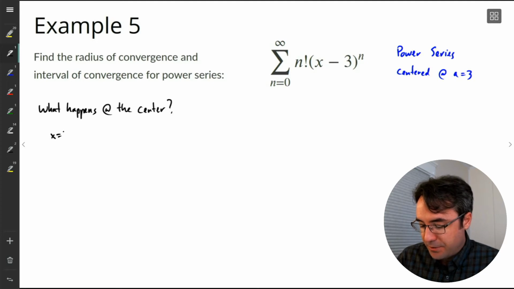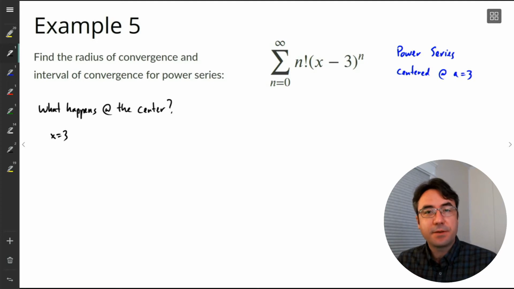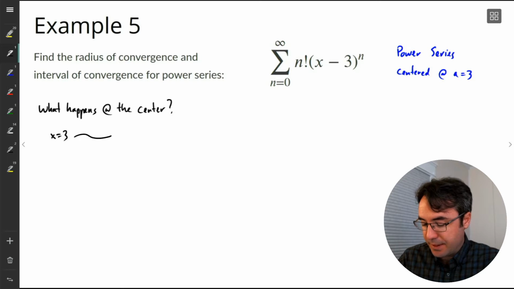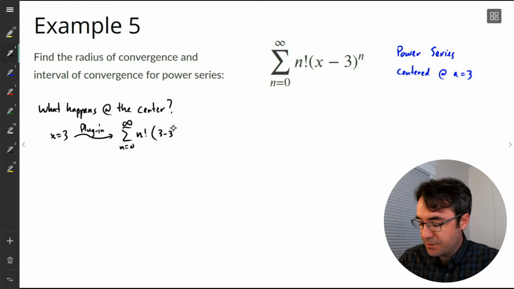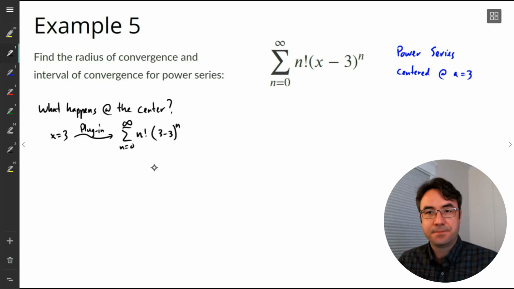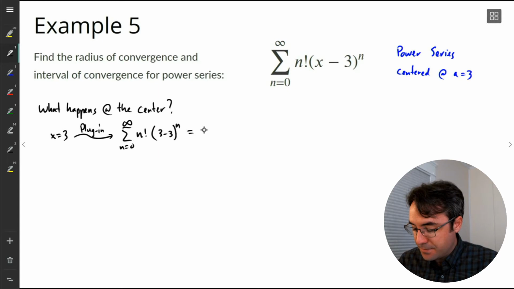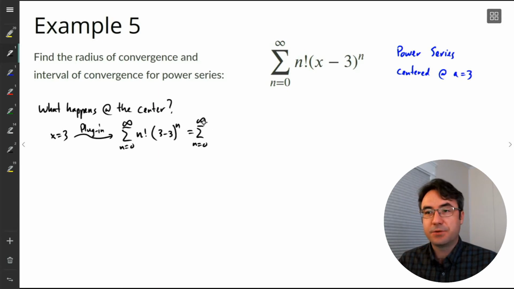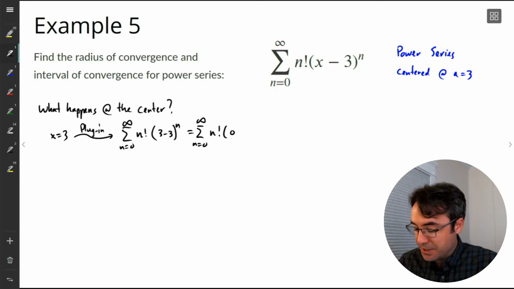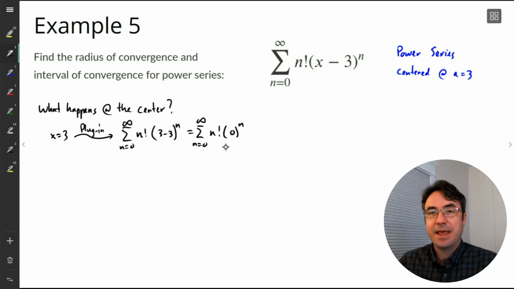So our center value is 3. We're going to plug this into our series and see what we get. So we're going to get the sum from n equals 0 to infinity of n factorial times 3 minus 3 raised to the n. Simplify that. We have the sum from n equals 0 to infinity of n factorial times 0 raised to the n.